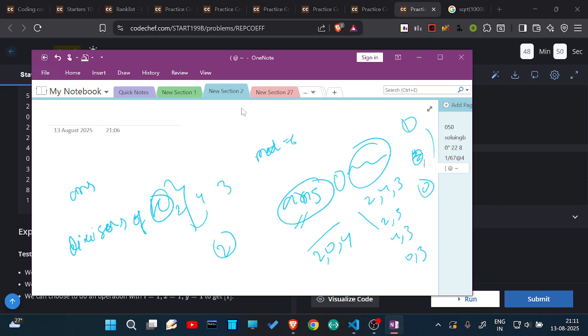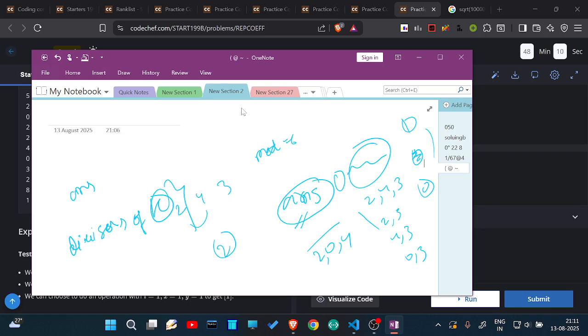The number of distinct arrays ending at that value. So other GCD, fine, that is fine.